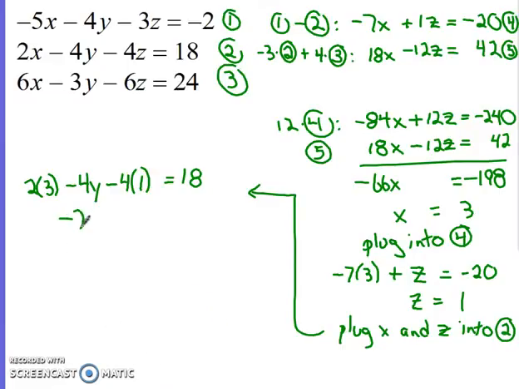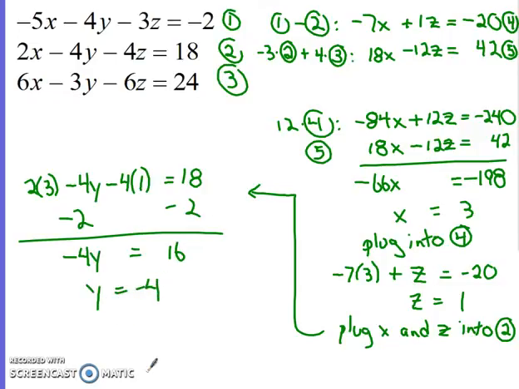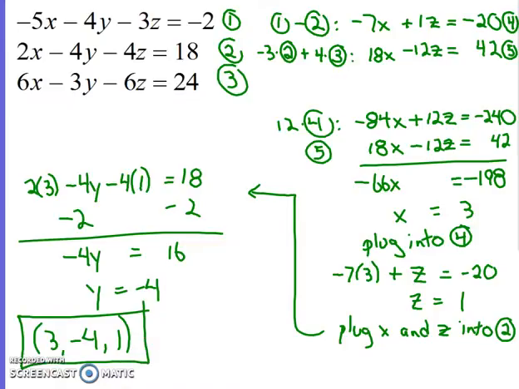So I'll just take a 2 off over here and a 2 off over here. That's going to get me negative 4y equals 16. So y is negative 4. Okay, so my whole solution then is x, which is 3, y, which is negative 4, and z, which is 1. Phew, got it done.